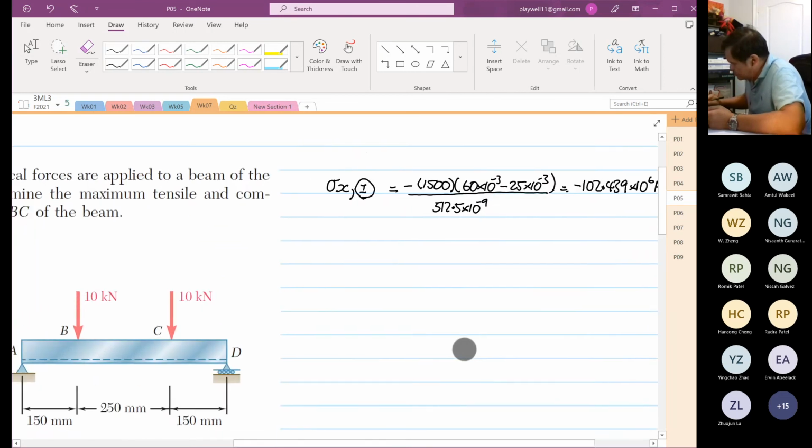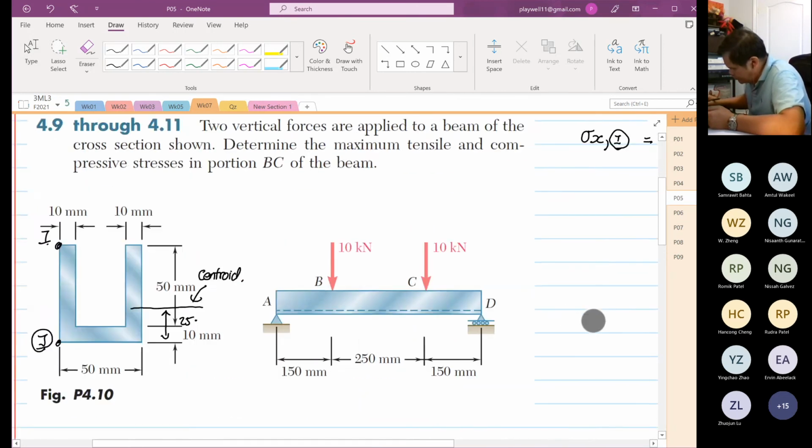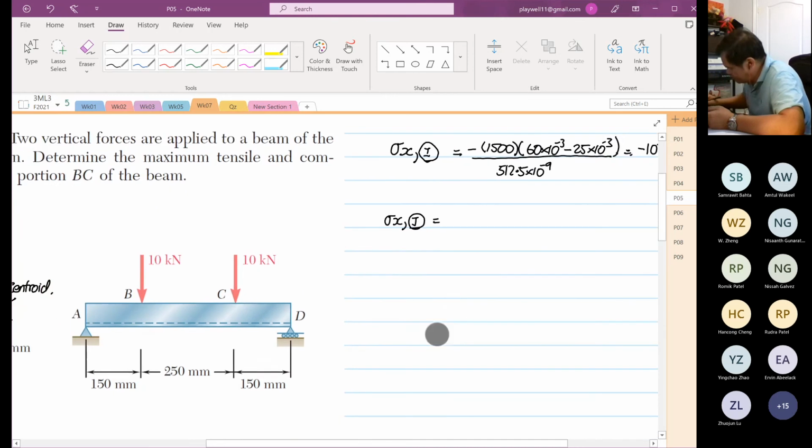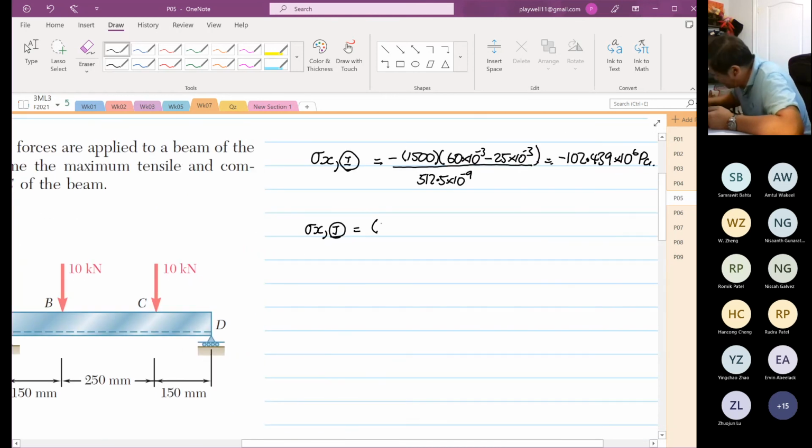Okay. So now we're going to find stress X at point J. We know at point J it is going to be tensile, right? So that's why we put 1500 without a minus. And then the distance from the centroid is 25 times 10 to the power minus 3.